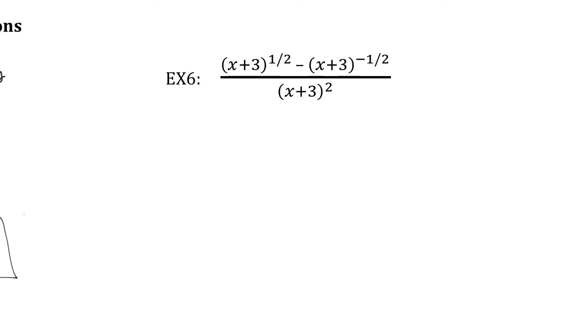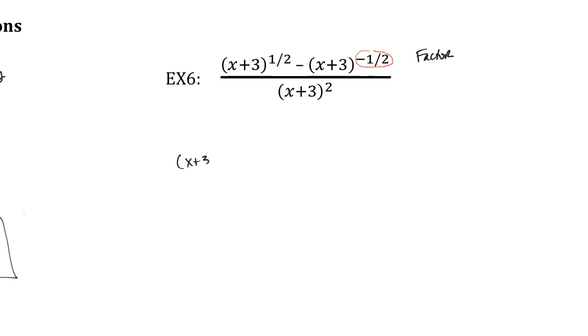Okay, what I'm seeing in the numerator, well, all of them have an x plus 3. So what I'm going to do is just factor here in the numerator. I'm seeing this is the smallest exponent. Okay, so in the numerator, I'm going to go ahead and factor that.